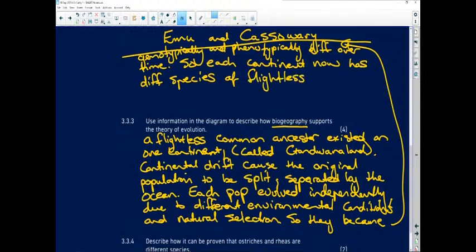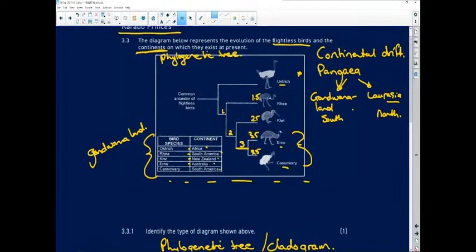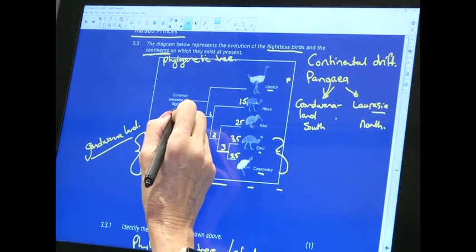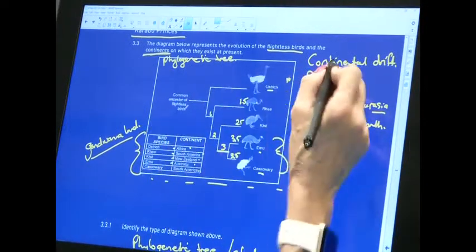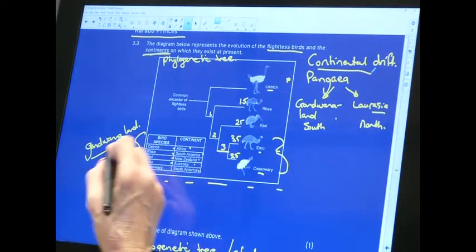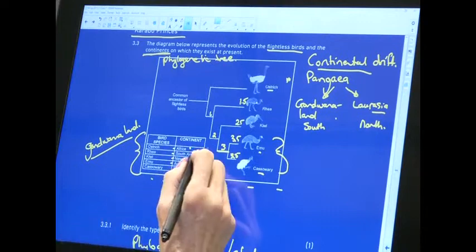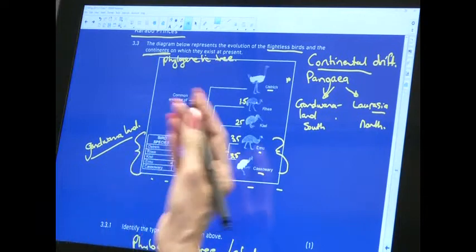And you know, people, all you've done is explain what you see here, okay? We had all of these sitting on Gondwanaland. You had the common ancestor, which was now split because of continental drift. So Gondwanaland split into those different continents. What do you have?